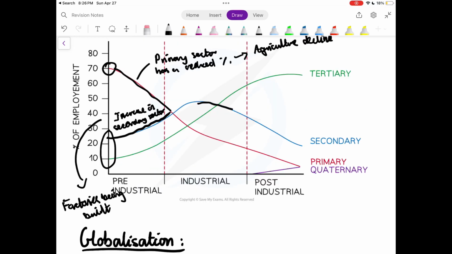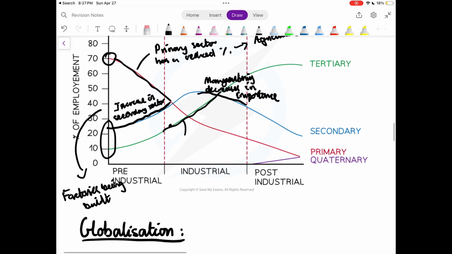However, over time, manufacturing decreases in importance, and therefore the tertiary sector, as you can see, has an increased percentage in the industrial period.